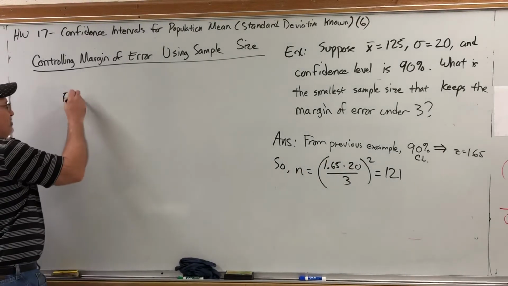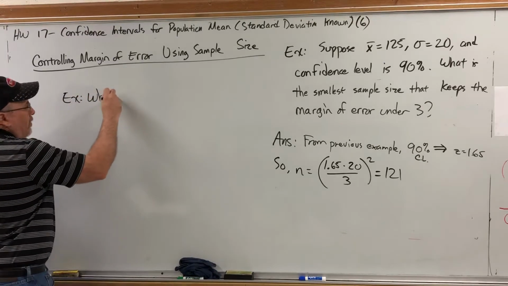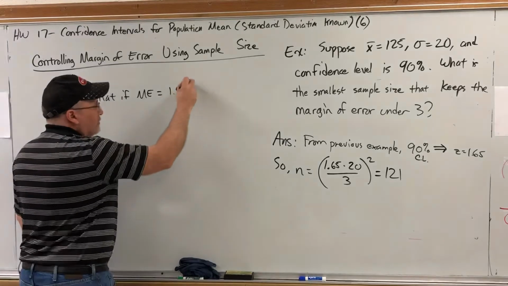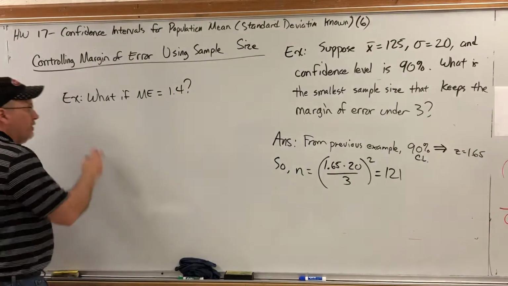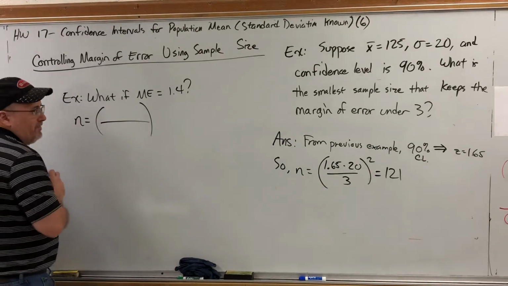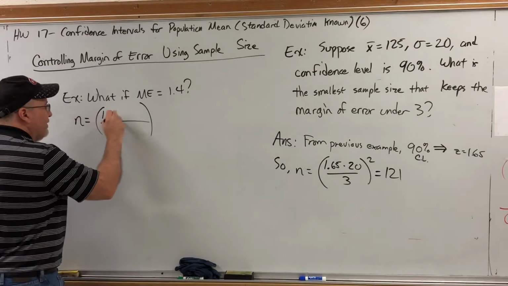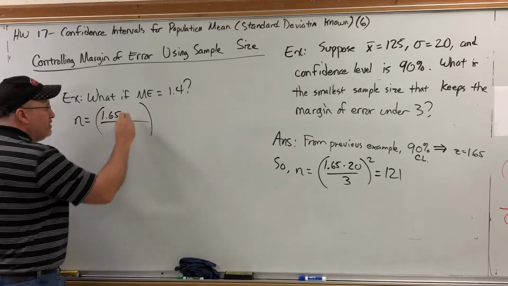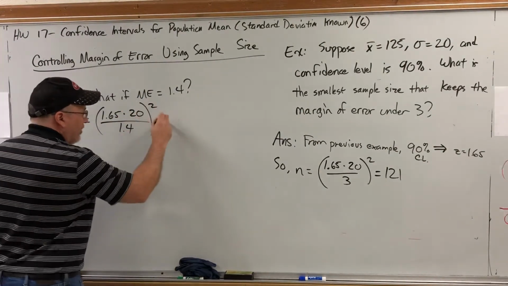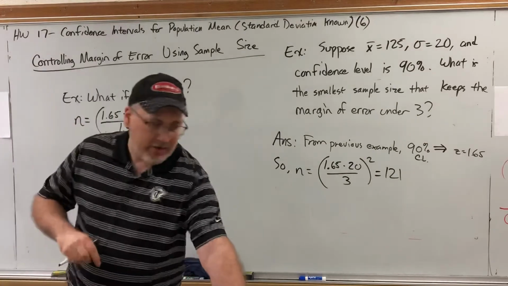So using the same example, what if the margin of error we were trying to attain for whatever reason was 1.4? Well, we would still use the same setup. It would still be the critical value, 1.65, times the standard deviation, which is 20, divided by the margin of error, which is 1.4, and then that result would get squared.